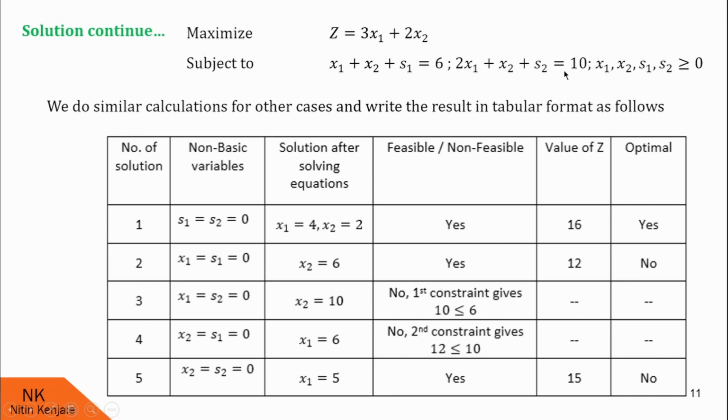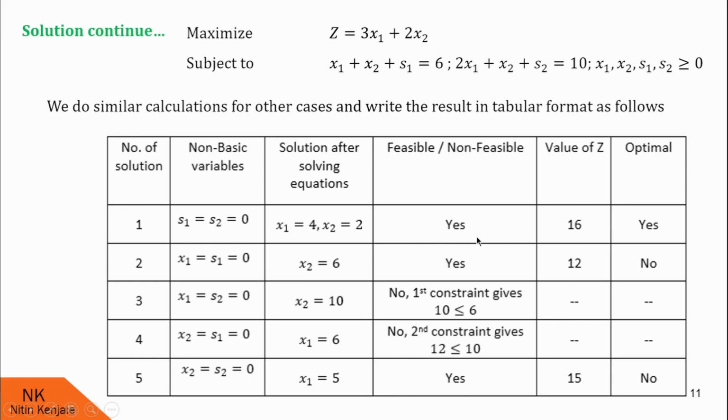So x1 is equal to 5. We put x1 is equal to 5 over here. x2 is already 0. So s1 will become 1. So the solution is x1 is equal to 5, s1 is 1, x2 and s2 equal to 0. So is the solution feasible? Yes, because it satisfies these constraints as well as these variables are all greater than or equal to 0.